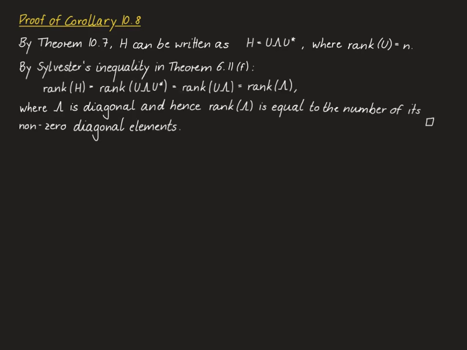By using Sylvester's inequality in Theorem 6.11f twice, we have that the rank of H is equal to the rank of U times lambda times U star, which by the first use of Sylvester's inequality is equal to the rank of U times lambda, and by the second use of Sylvester's inequality, this is equal to the rank of lambda. Remember that lambda is a diagonal matrix, and hence the rank of lambda is equal to the number of its non-zero diagonal elements, which proves the claim.